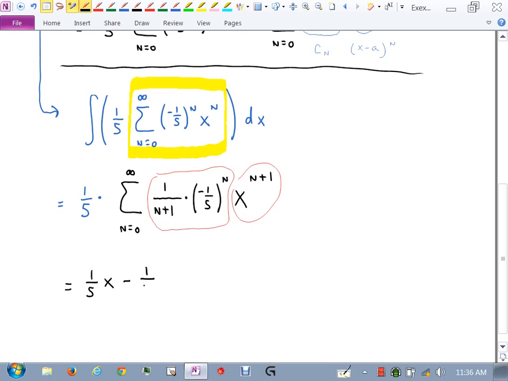Then if you do the next one, I'll just write down what it is. We won't go through it. 1 over 375 x cubed. And then it's an alternating series. It just keeps going. With me?